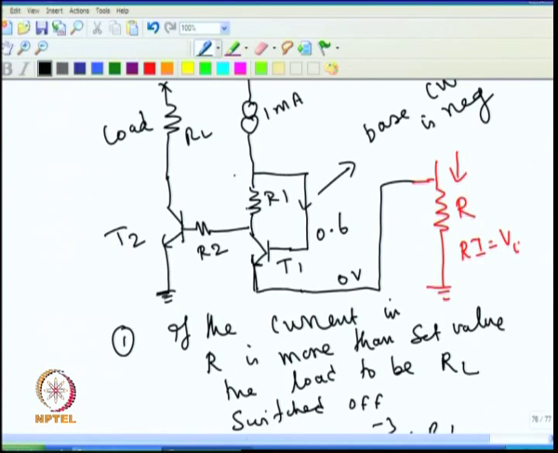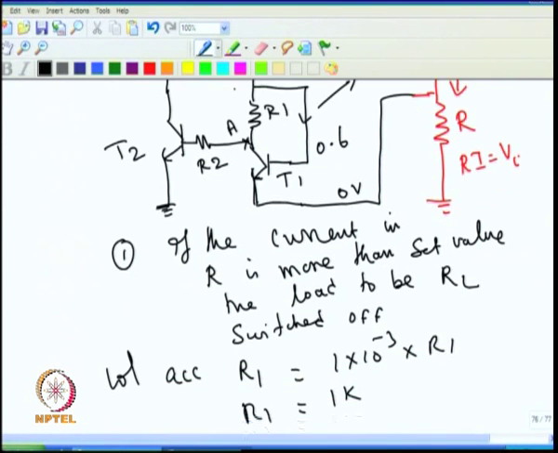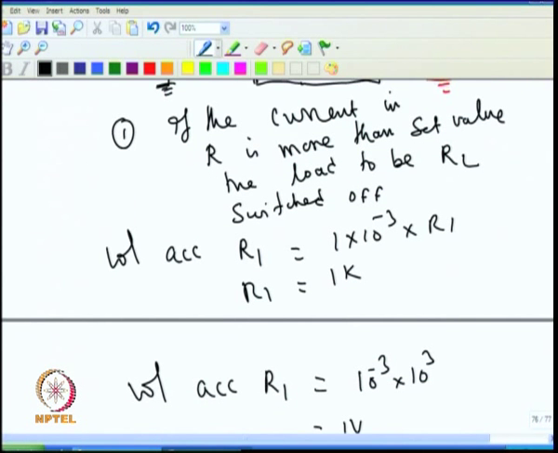The voltage across this is fixed at 1 volt, and we know that to switch on the transistor T2 we need a base voltage of 0.6 volt. Assume the base current is negligible, that means the voltage required at this point is also 0.6 if I want to switch on this. So, I will call this point A. We need the voltage required at A to switch on T2 to be 0.6.